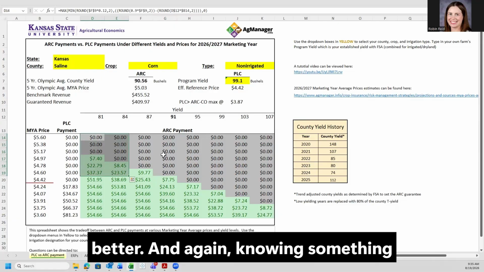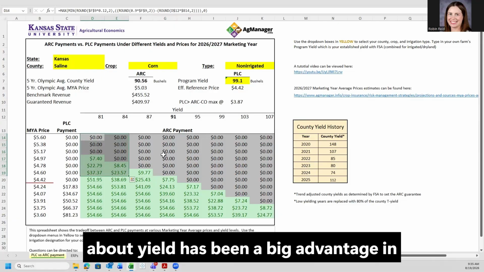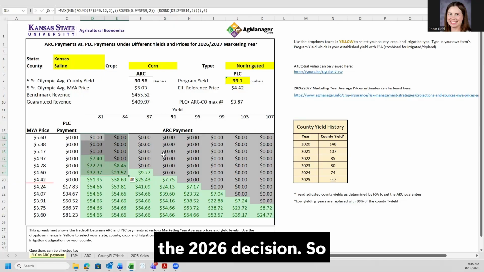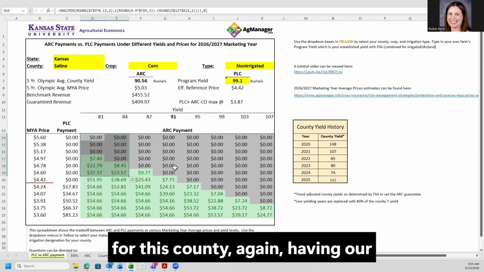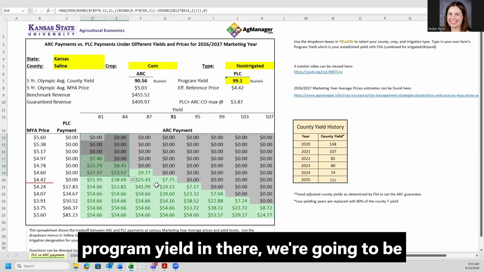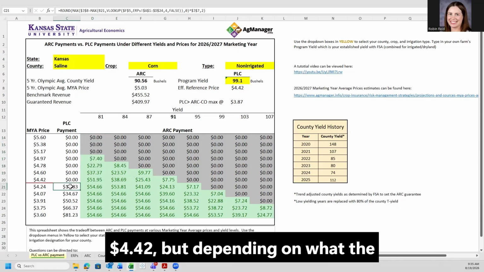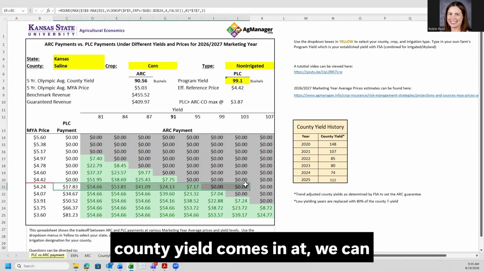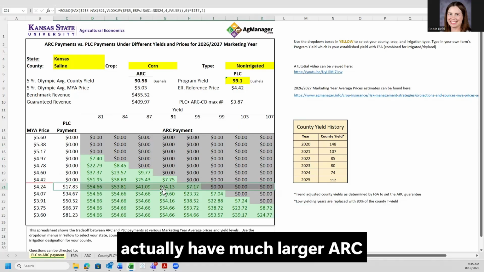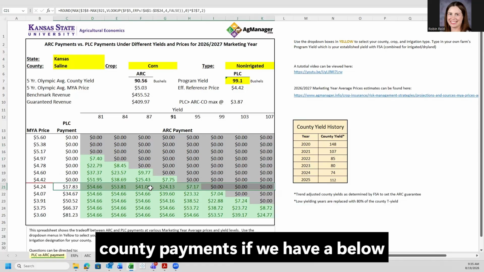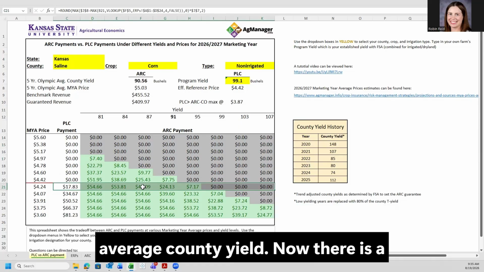And knowing something about yield has been a big advantage in the 2026 decision. For this county, having our program yield in there, we're going to be starting to get payments at 442, but depending on what the county yield comes in at, we can actually have much larger ARC County payments if we have a below average county yield.